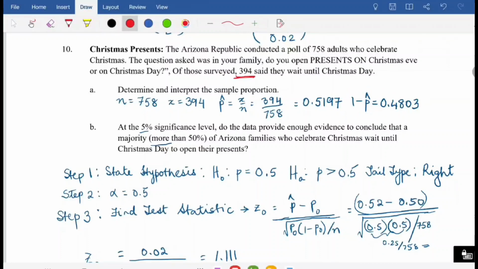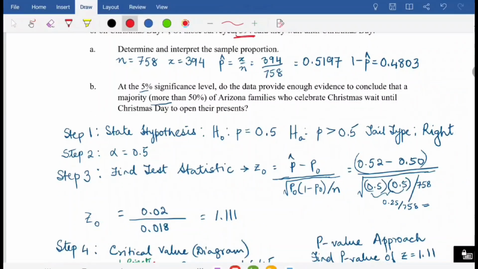We can go ahead and start our hypothesis test now, step by step. We haven't given you the steps or prompted the steps for you, so you have to remember it by now. You should. Step 1, start with stating the hypothesis. In this case, the null hypothesis will say that the proportion of people who open their presents on Christmas Day is 0.5.